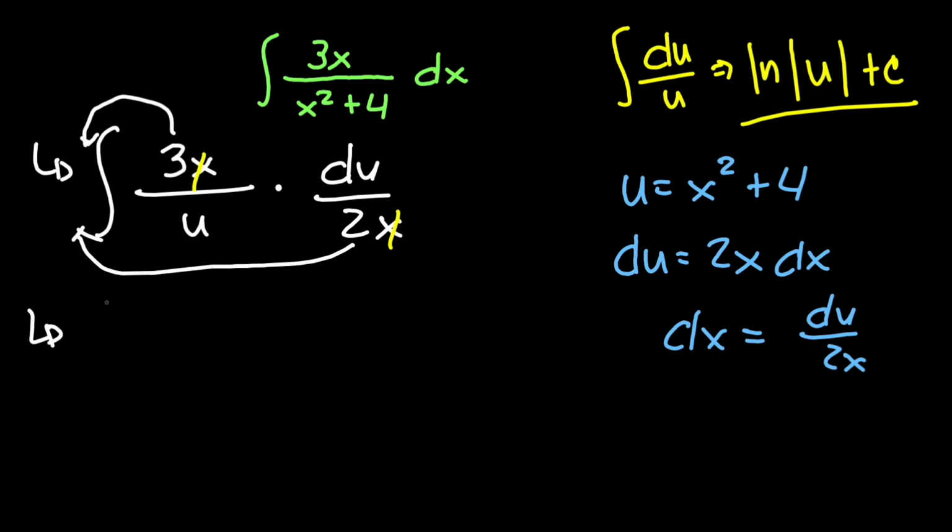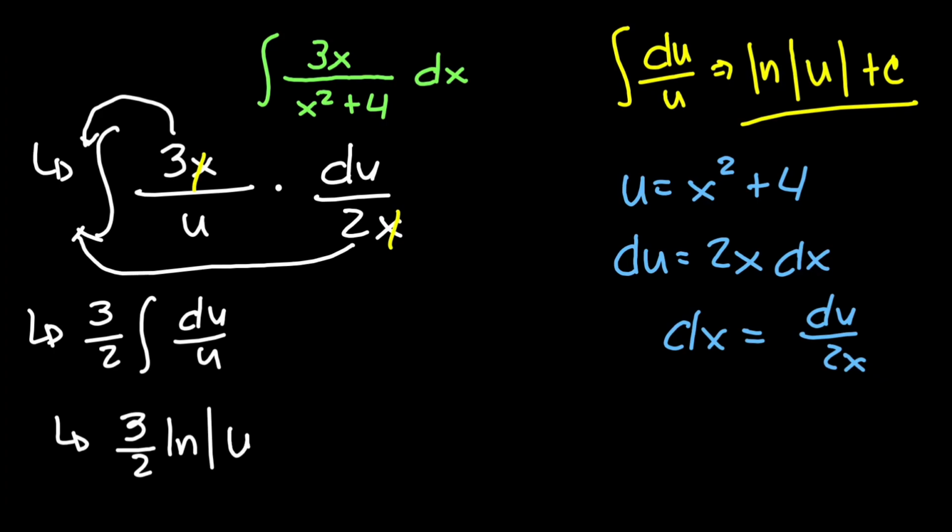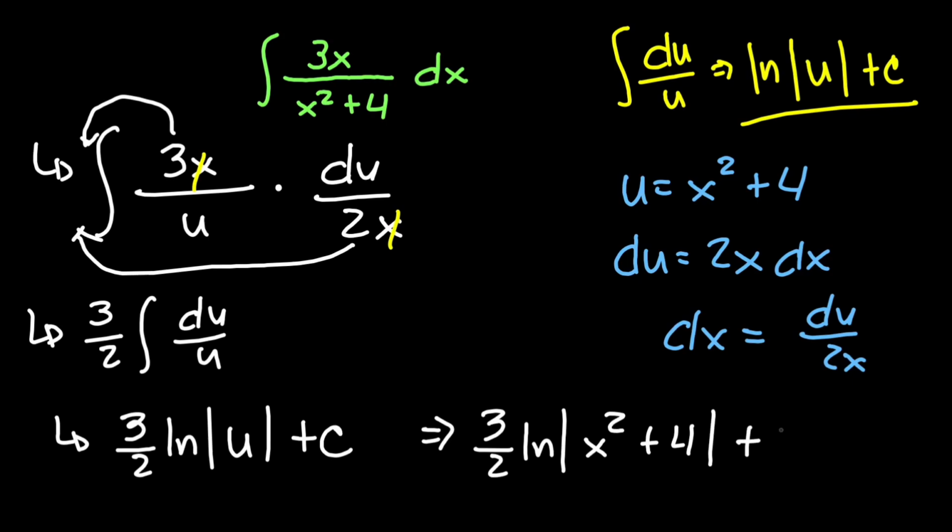So what you have here would be equal to 3/2 the integral of du over u. So that will be left as 3/2 multiplied by the natural log of the absolute value of u plus c. Therefore, the final answer would be equal to 3 over 2 natural log of the absolute value of x squared plus 4 plus c.